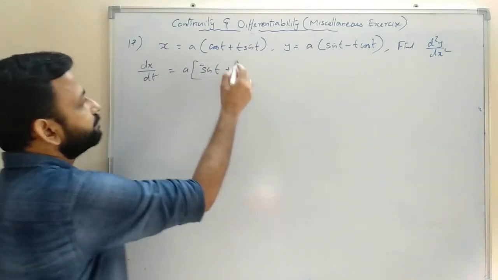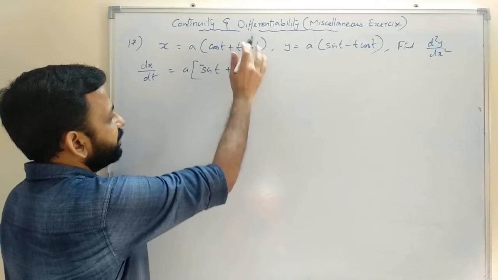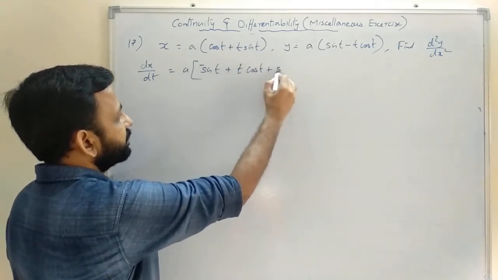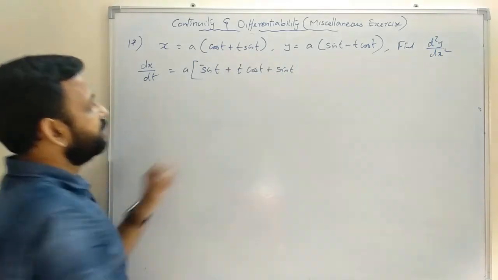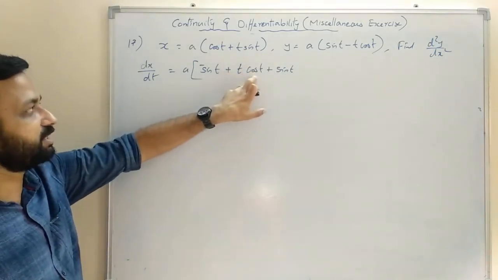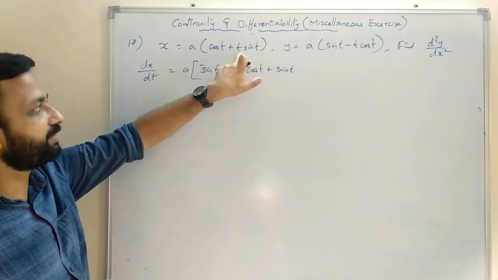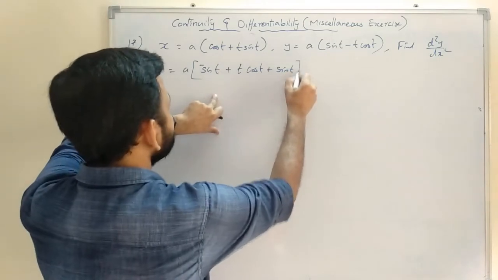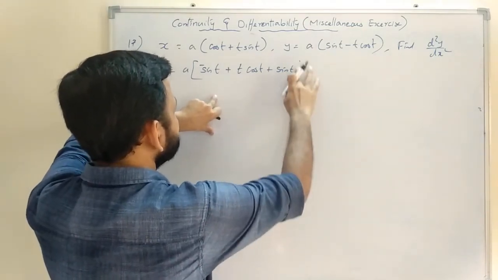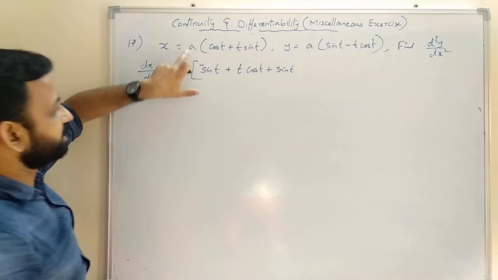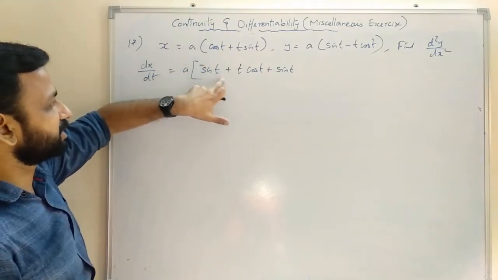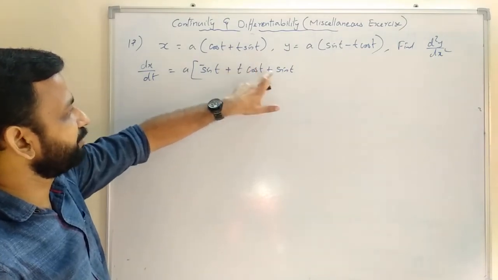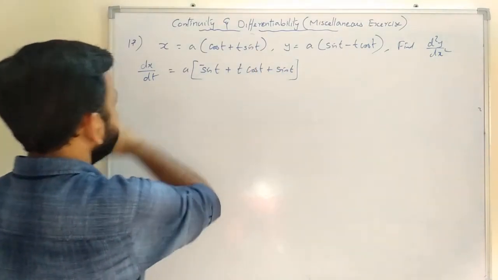Product rule we will apply: t into derivative of sin t, cos t, plus sin t into derivative of t with respect to t, that is 1. Once again, a is a constant and derivative of cos t is minus sin t, plus t into derivative of sin t, cos t, plus sin t into 1. So that is dx by dt.